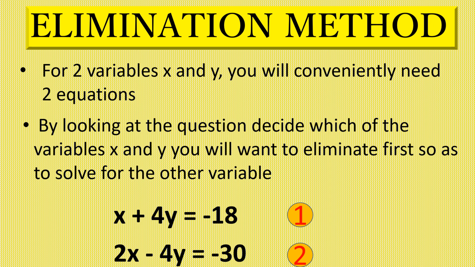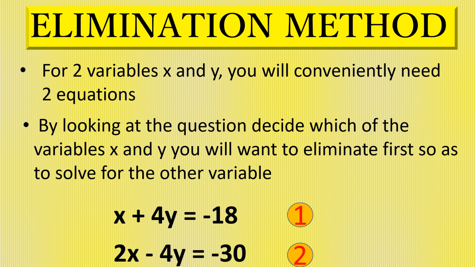What will I do to combine 1 and 2 in order to eliminate y? If I simply add equation 1 to equation 2, I'll be able to eliminate y, because 4y plus minus 4y gives us 0.